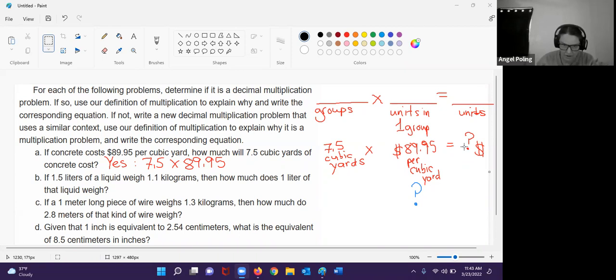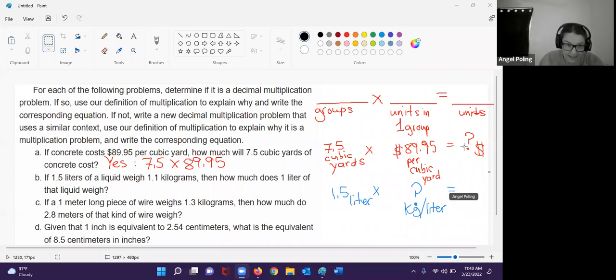So they have weight per liter, so kilograms per liter is here, and then they've multiplied by the number of liters. So we would have our 1.5 liters, which is our groups.